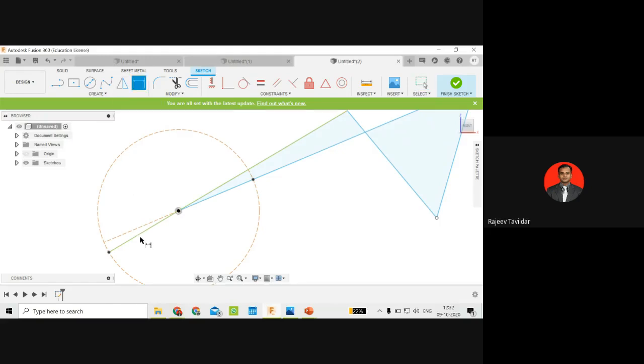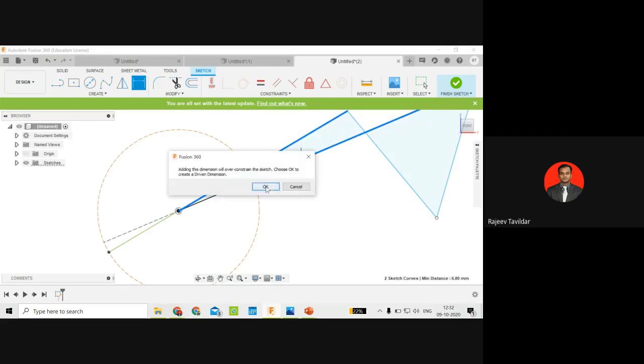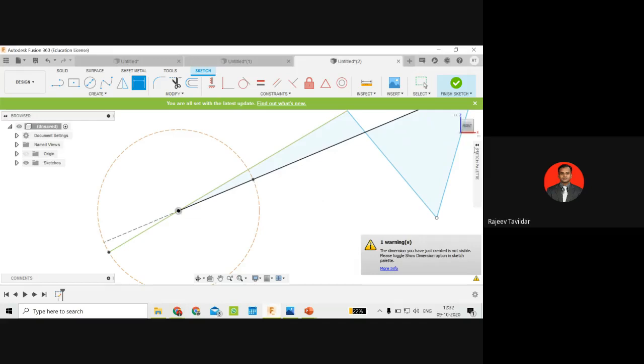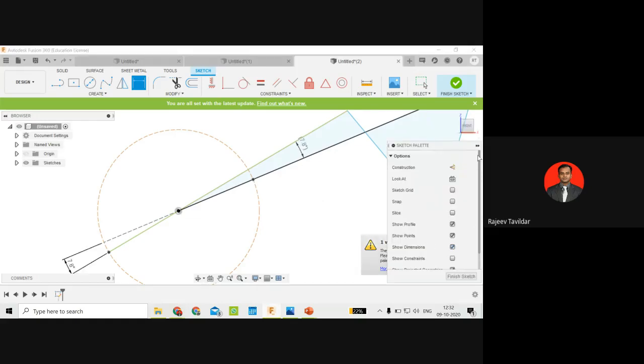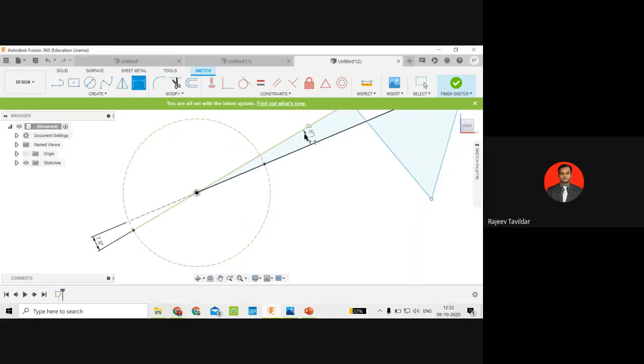So let me check here in this software. I don't know, because we have not drawn a straight line. So this is 7.8 degrees what I'm getting here, and the angle between this and this, you can see here, this is also 7.8. I'll just show the dimensions. Can you see here?